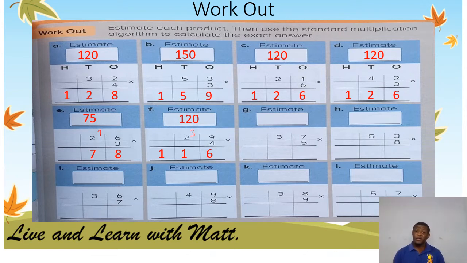Now part G, 37 times 5. So we estimate it to be 35 times 5. Then we have 175. So 5 times 7, 35. Carry 3 forward. 5 times 3, 15 plus 3, 18. We have 185. Now part H, 53 times 8.